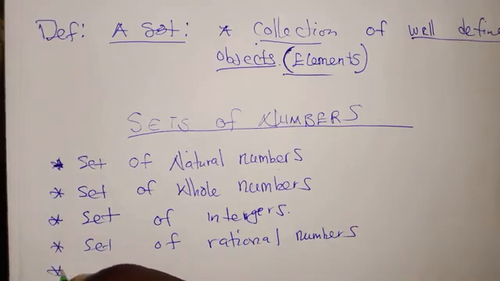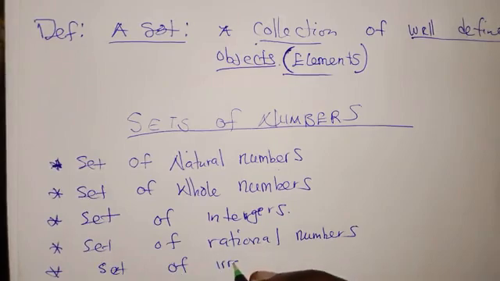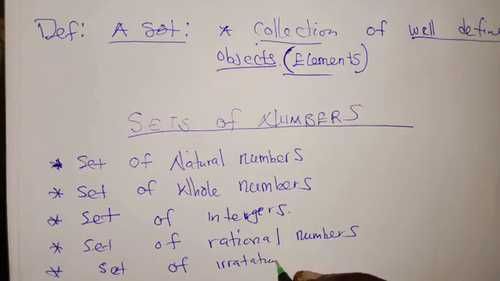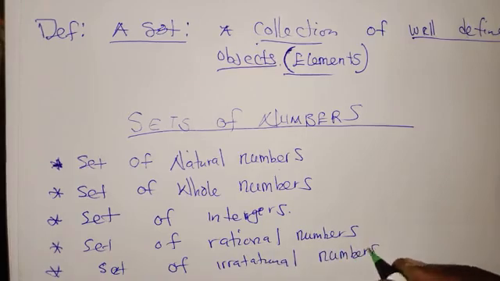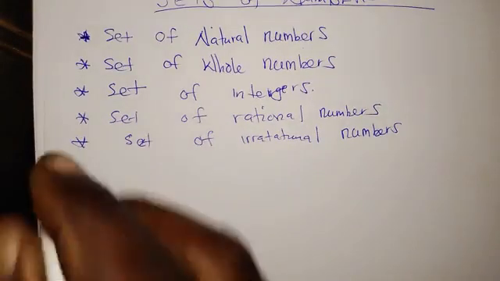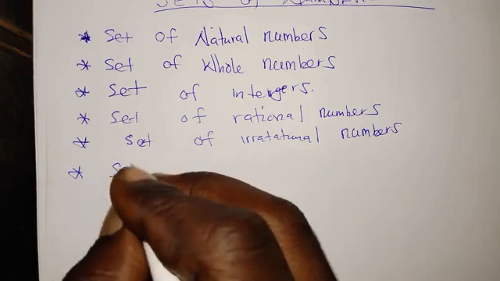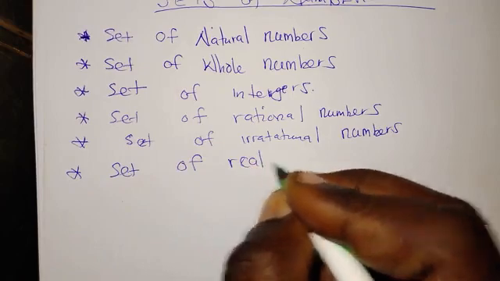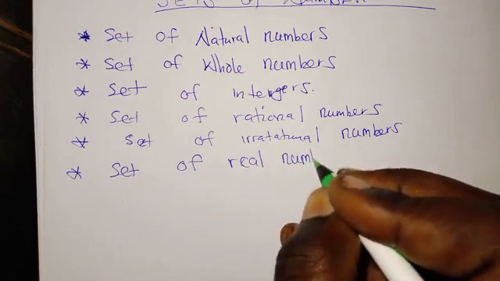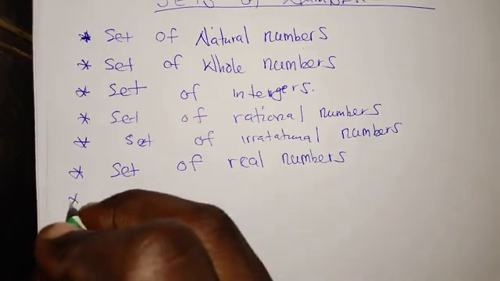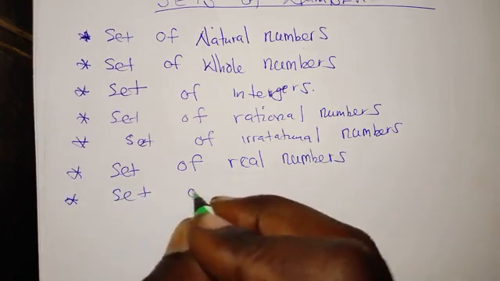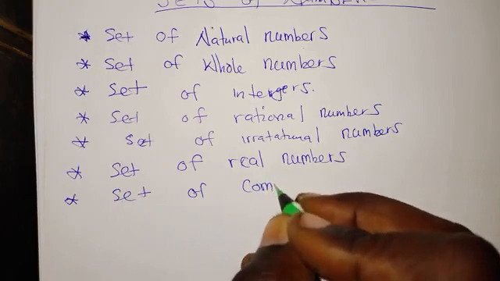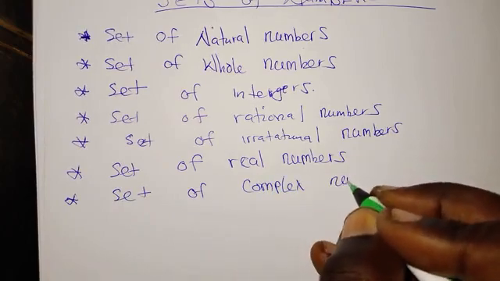We can have a set of irrational numbers. We can have a set of real numbers. We can have a set of complex numbers.